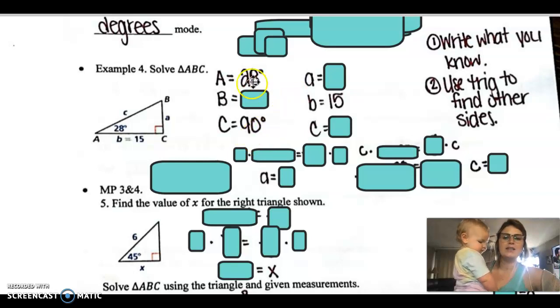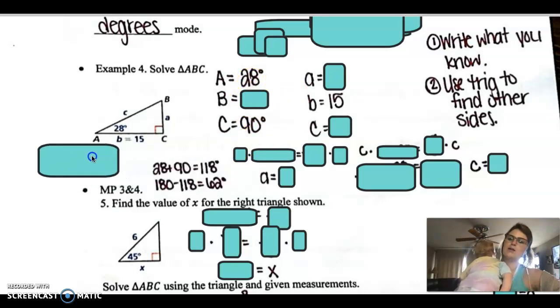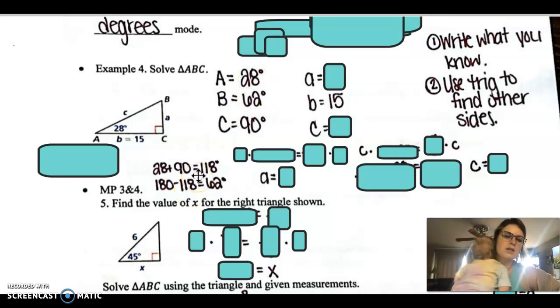So you can either add these two together, 28 plus 90, and get 118, and subtract from 180. So 180 minus 118 is 62. Or since this is 90, these two angles also have to add up to 90. So if you just do 90 minus 28, you'll get 62 as well, which is probably much simpler.